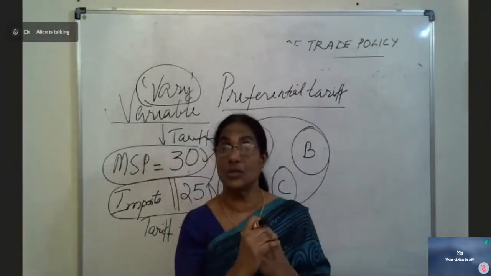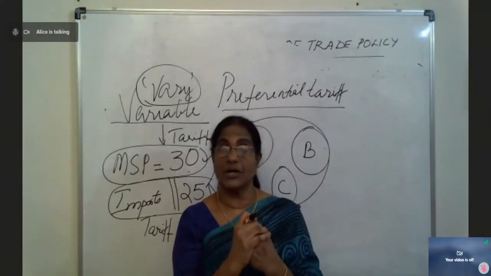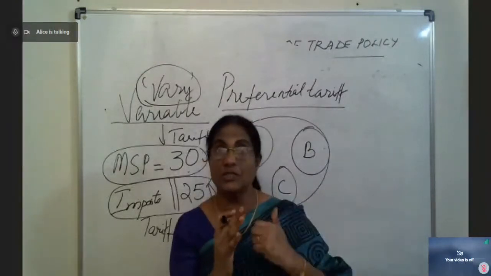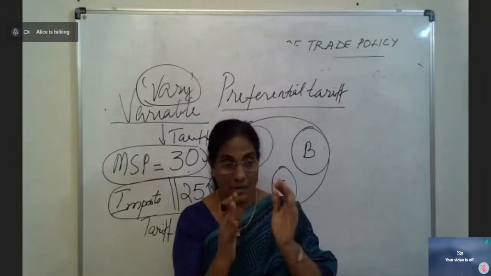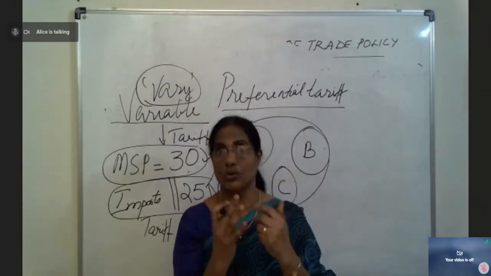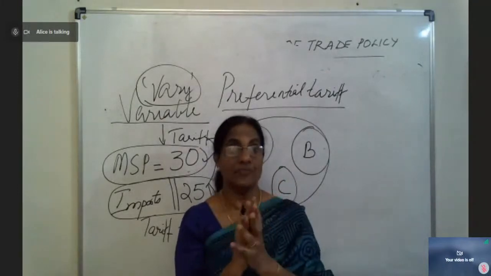Just like friends, when friends go together for a cup of coffee, there is preference. You don't pay for the person who is sitting on the next table, isn't it? Maybe you will pay for your friends, but not for your neighboring table who you do not know, right? It is like that.